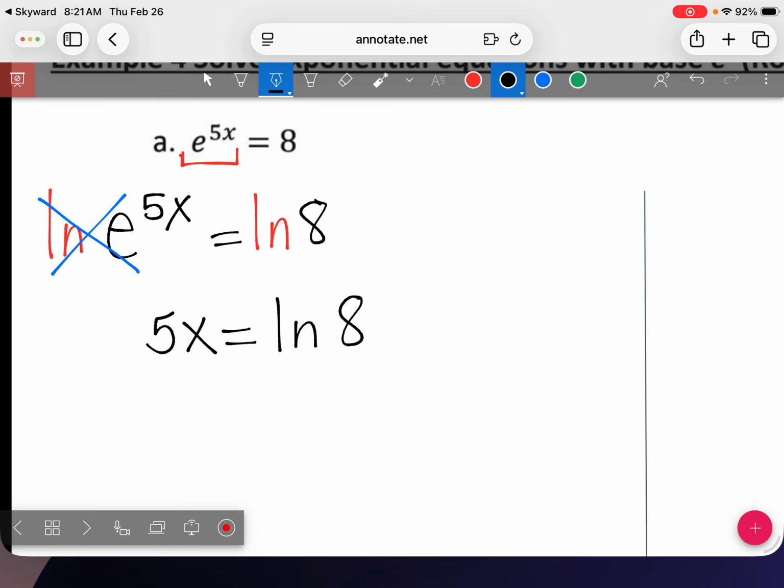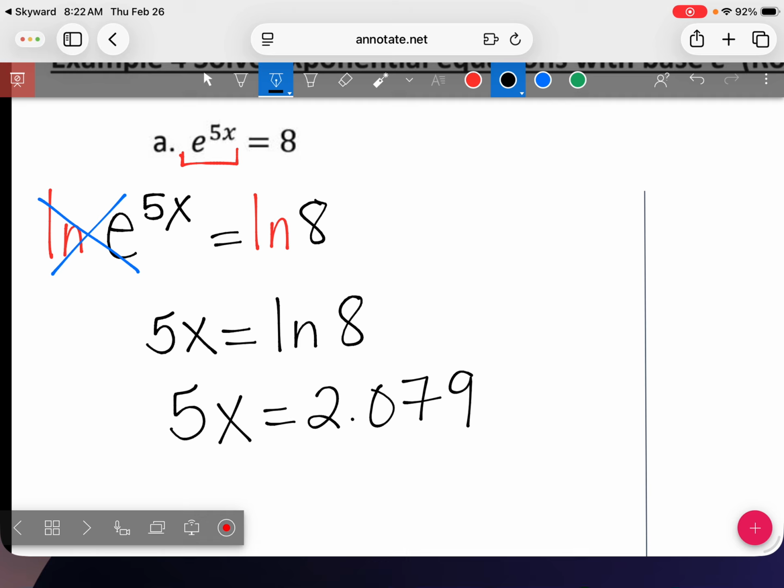All right, pick up your calculators. Type in natural log of 8. Hit the LN key and the number 8. And you get 2.079. So what would be my last step to solve this for x?